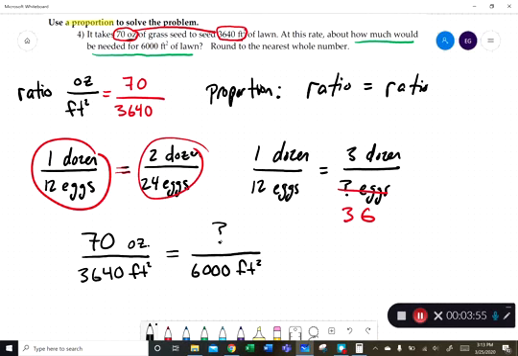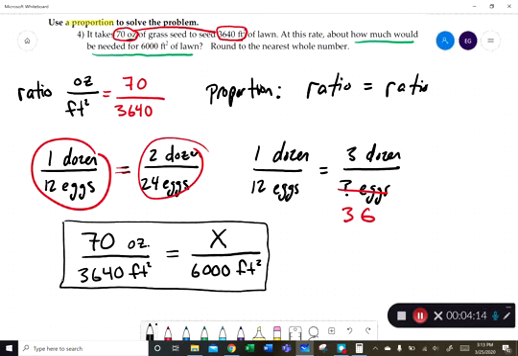Now, rather than use a question mark in mathematics, when there is an unknown number, we'll usually use the symbol X. And X is basically a question mark. All right, so now what we have here is a proportion, and to solve this proportion would mean to solve for X. One way to do this is to cross multiply.